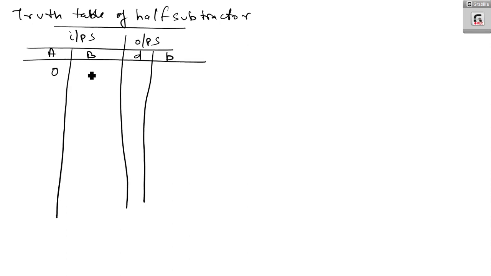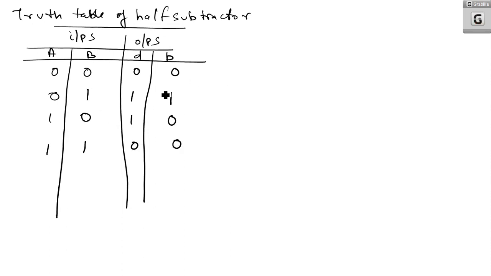So 0 0, 0 1, 1 0 and 1 1. 0 minus 0, difference is 0, borrow is 0. 0 minus 1, difference is 1 with a borrow 1. 1 minus 0, difference is 1, borrow 0. 1 minus 1 is 0 with the borrow 0.